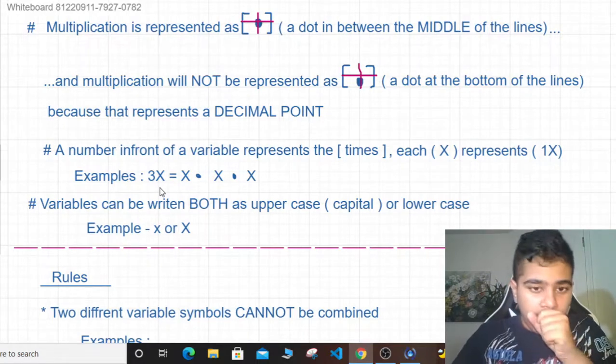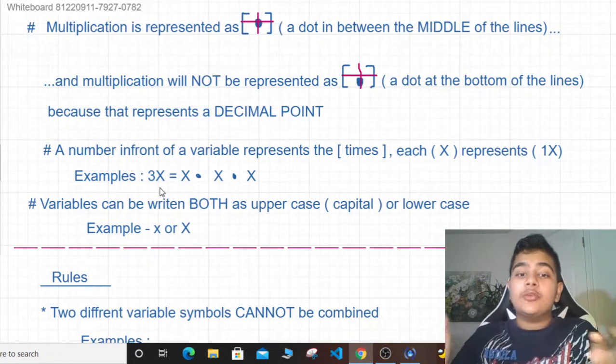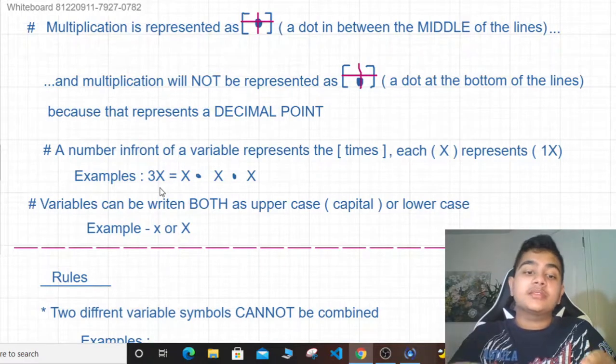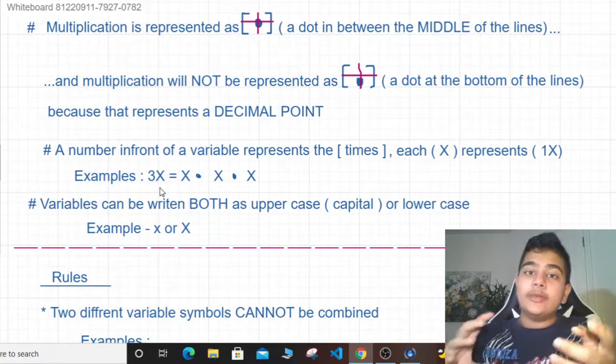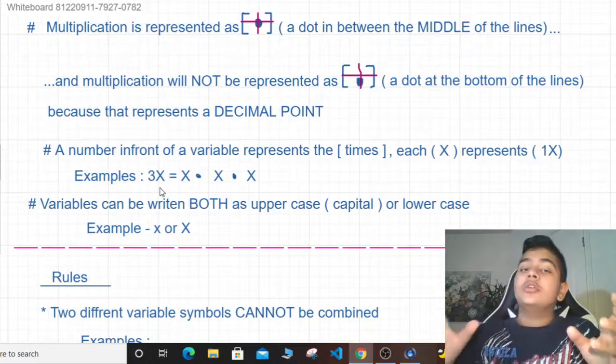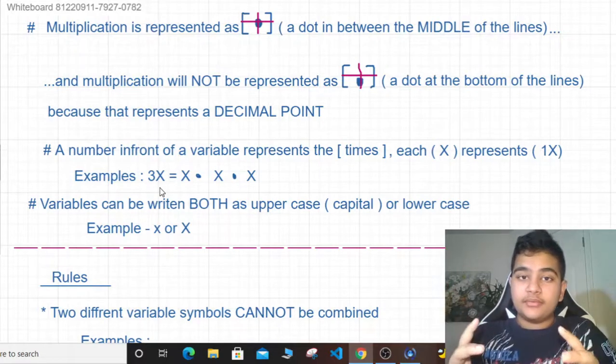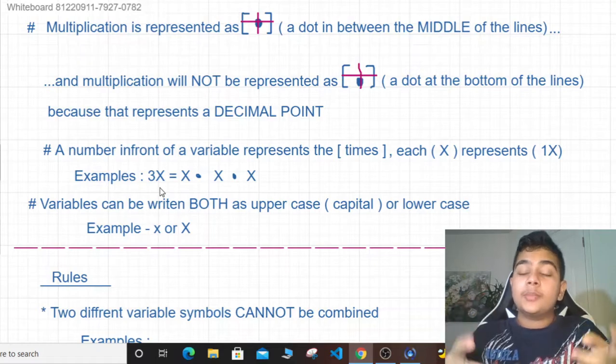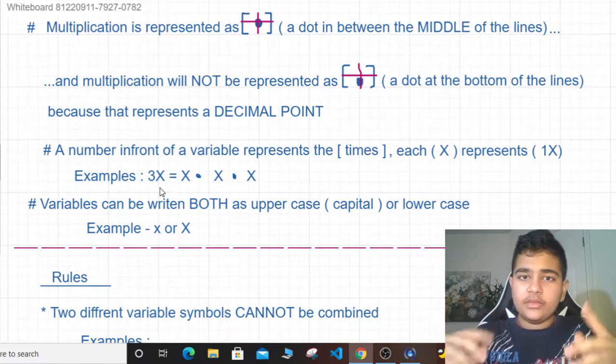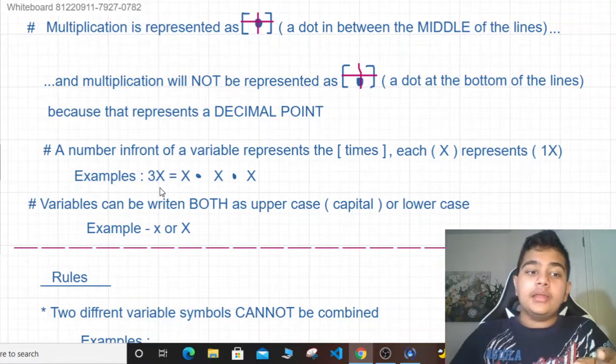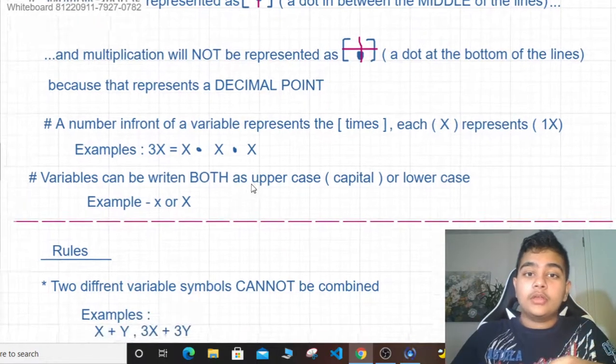It's an easier way to represent it instead of saying x plus x plus x. And when you write a solution, you have to simplify it, so you write it as 3x. So 3x represents how many times the x is. Keep that in mind, and let's move on to our third one.